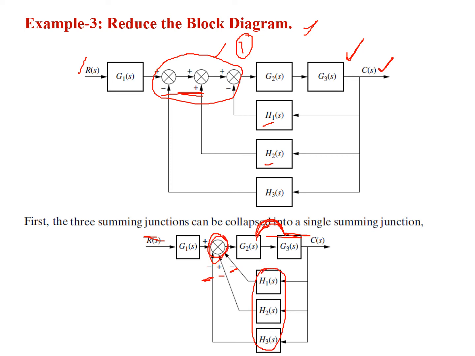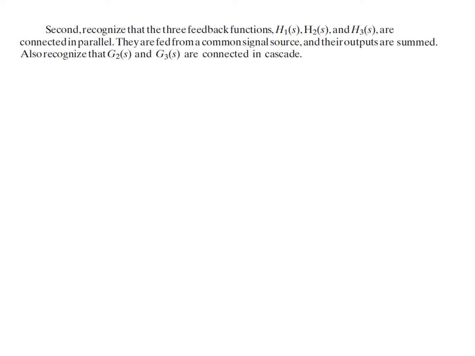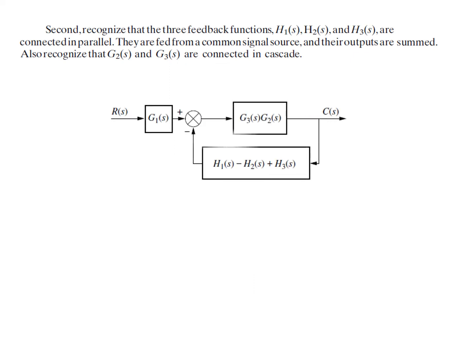Then the resultant is like this. Here the feedback functions H1, H2 and H3 are connected in parallel, so we replace those 3 by this one. And again G2 and G3 are connected in series, so they are replaced by a single block, which is the multiplication of G2 and G3.